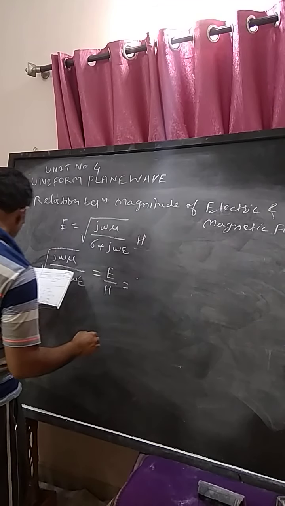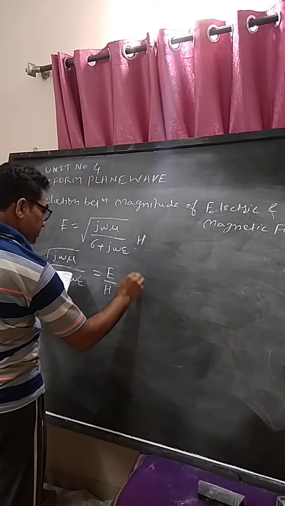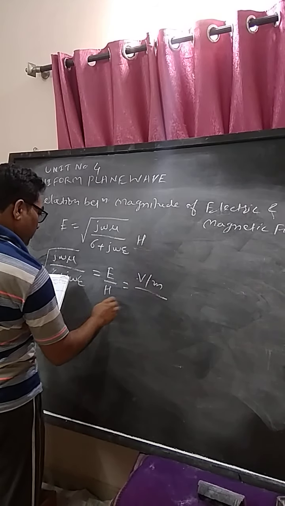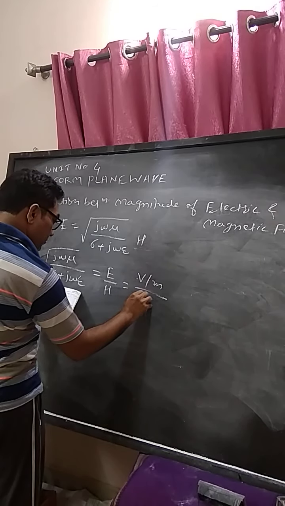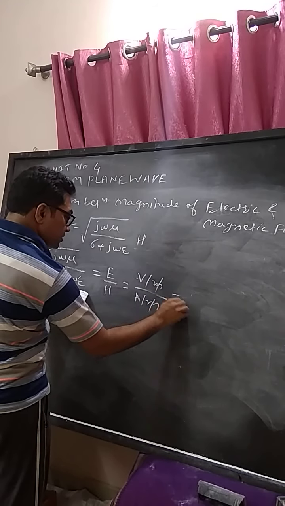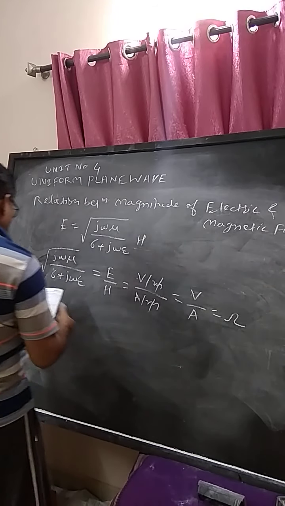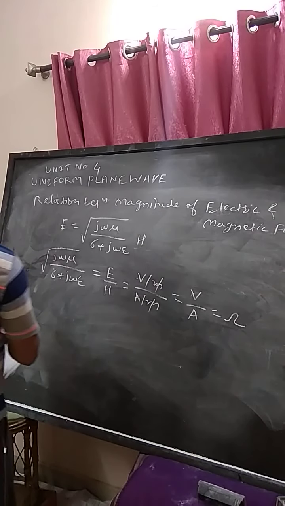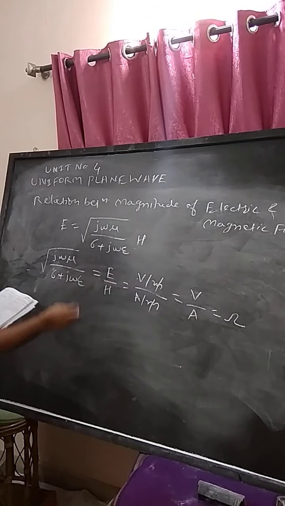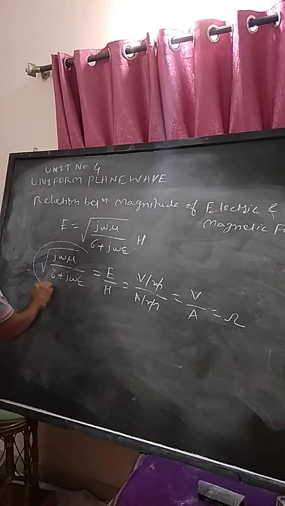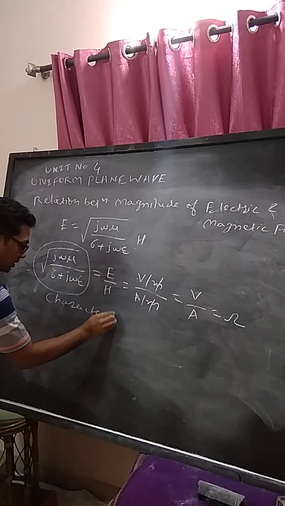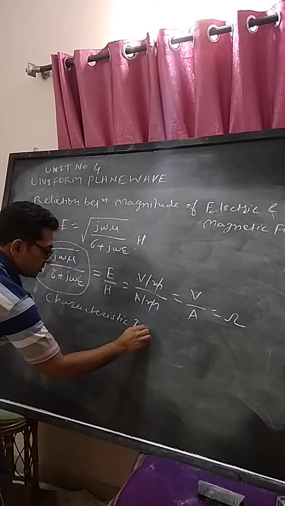We know that the unit of electric field intensity is V by m, whereas the unit of magnetic field intensity is A by m. So m gets cancelled. It is nothing but voltage per ampere, which is always in ohm. It is a constant, and the unit of impedance is ohm. Therefore, the term under root of j omega mu divided by sigma plus j omega epsilon is called the characteristic impedance.